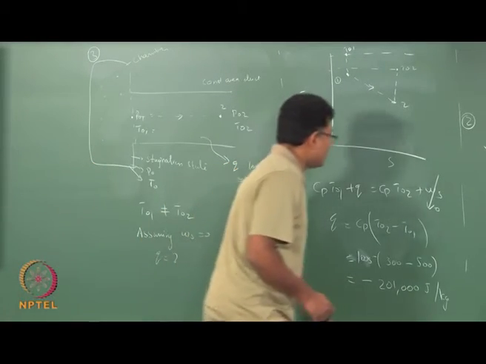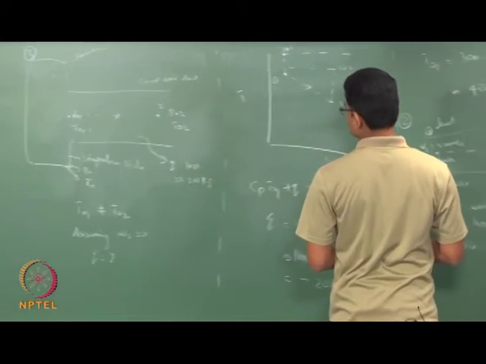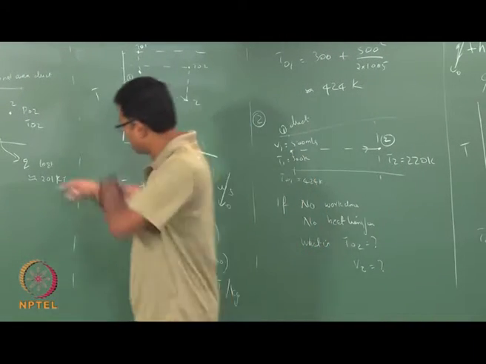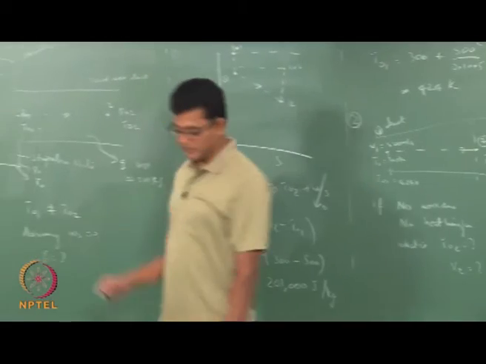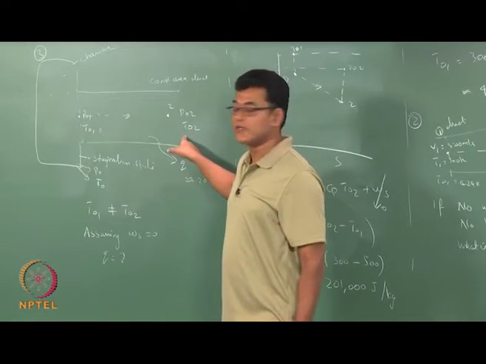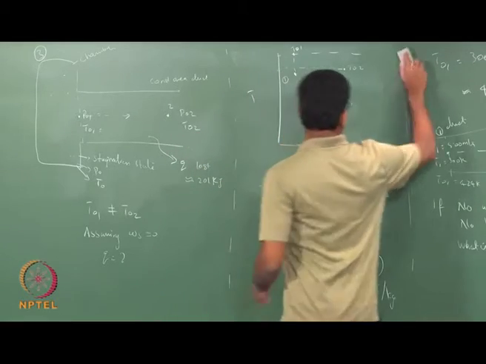Now, you can reverse the question. I supply some heat here, what would be the velocity that you gain at station 2?